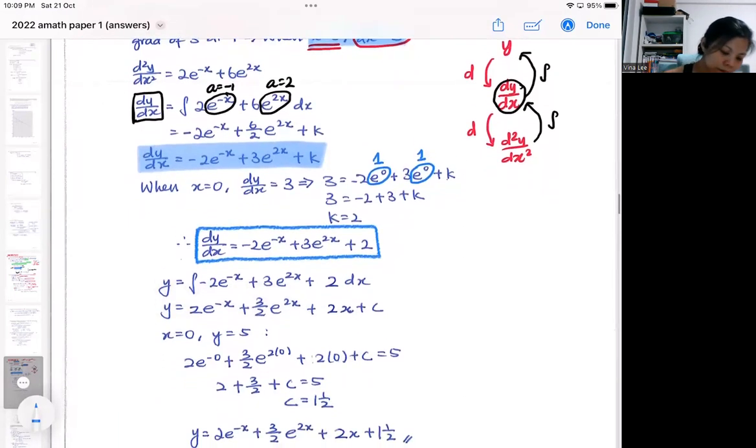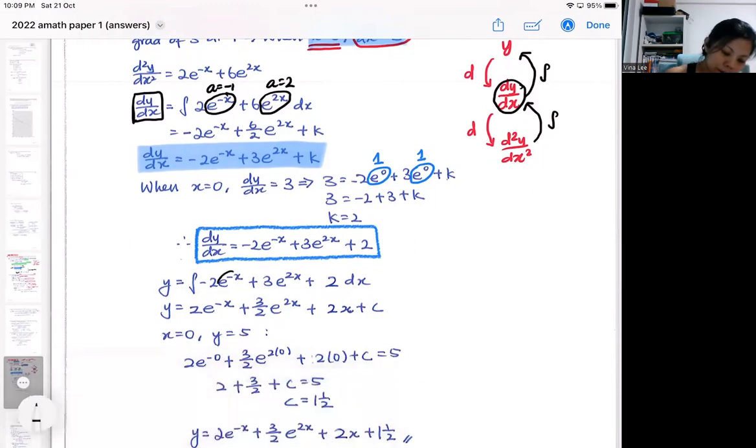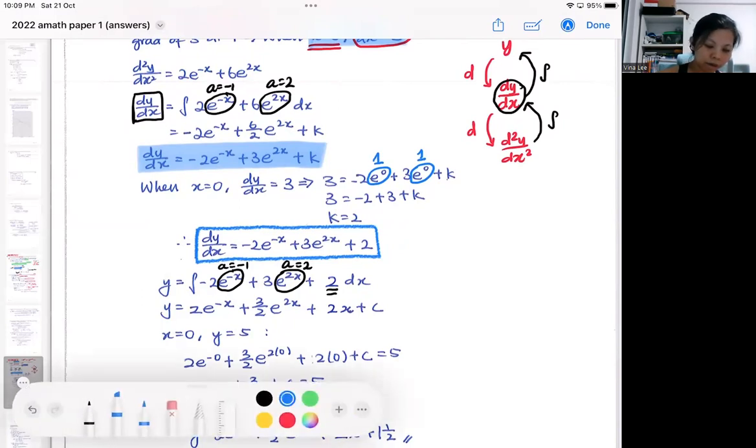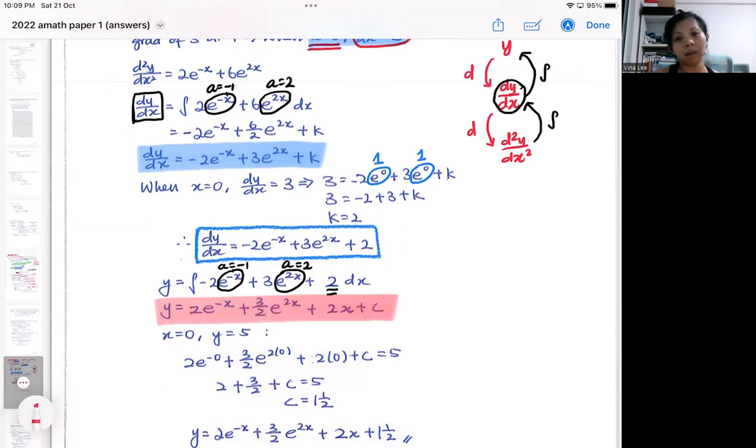When I move on, I will integrate one more time. And the same thing happens: my a is -1, my a is 2, so I'm applying the same formula. Integrating a constant will just be kx. So here I already have what the question wants, except that I will have another unknown.